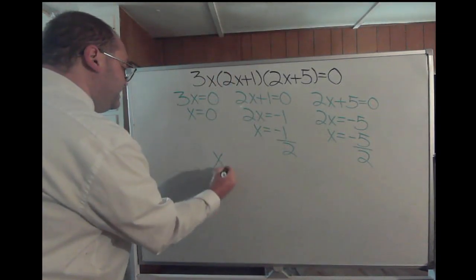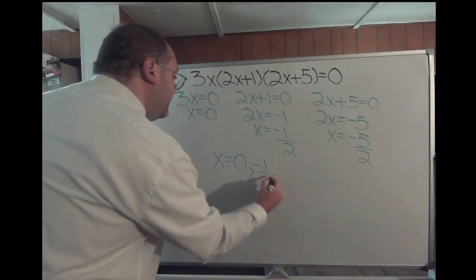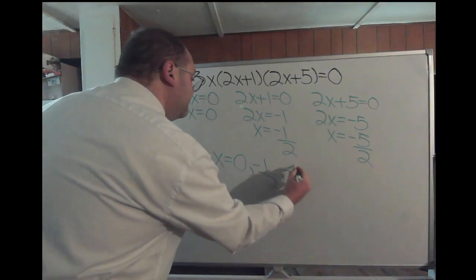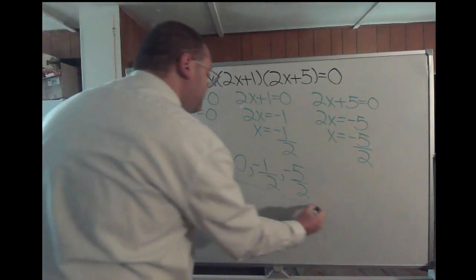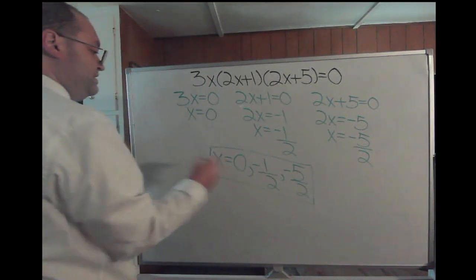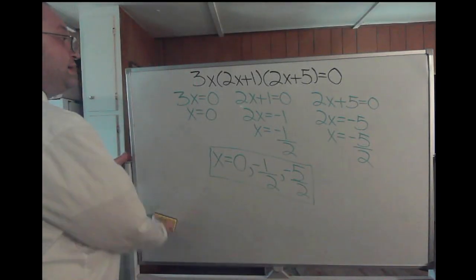So you'll have 3 answers for this. X will equal 0, negative 1/2, and negative 5 halves. So those are the 3 solutions to this.